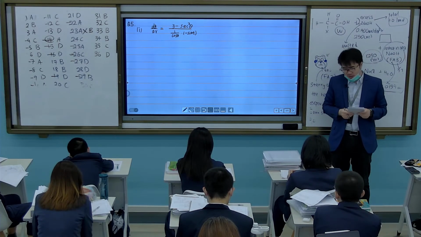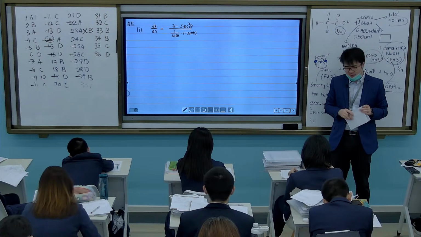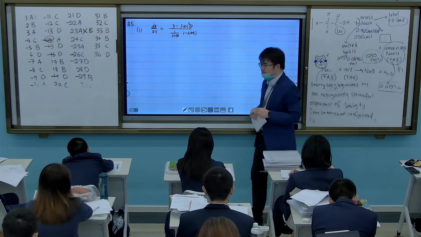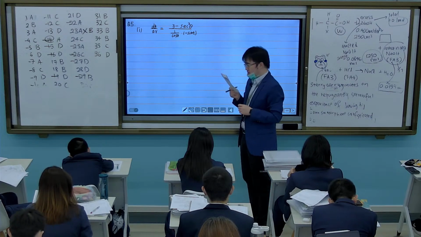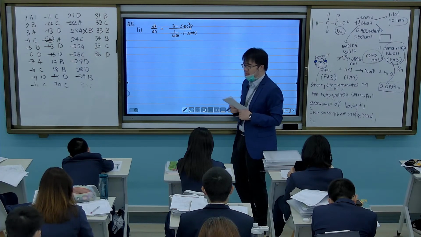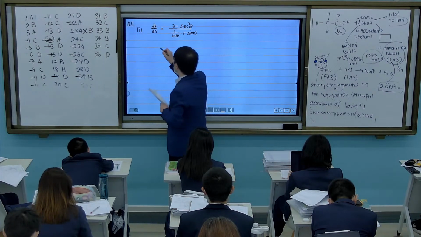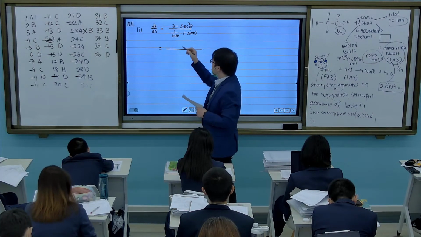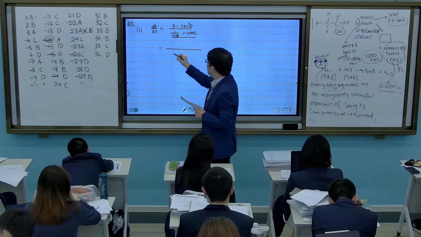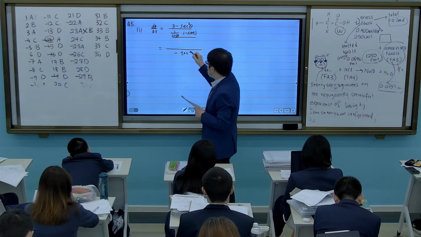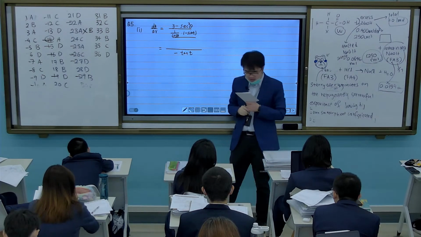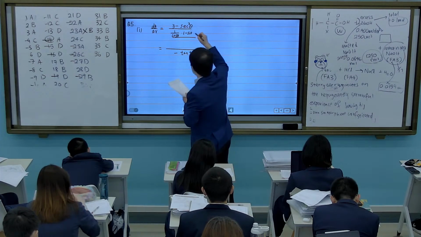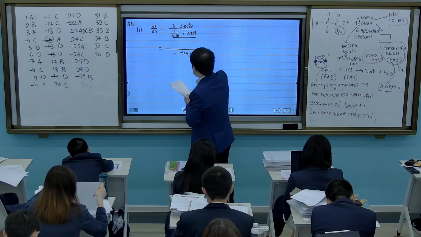Please take note, be careful about the chain rule. It is like 1 over cosine theta times negative sine theta. So simplify it, and you have negative tangent theta.